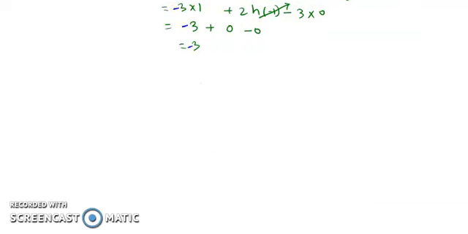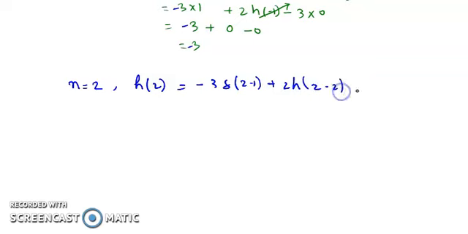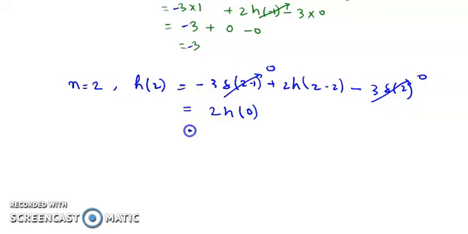Next, for n = 2, h[2] is equal to -3 delta[2-1] + 2 h[2-2] - 3 delta[2]. So this becomes delta[1], which is 0, then h[0], and delta[2] is also 0. So you have 2 h[0], and h[0] we have already calculated as -3, so this becomes -6.